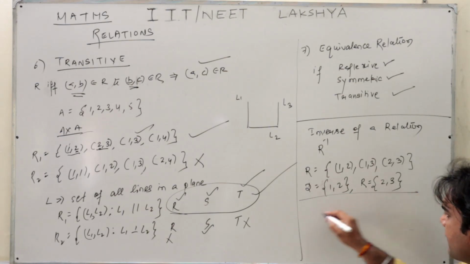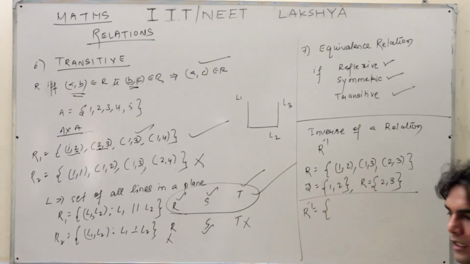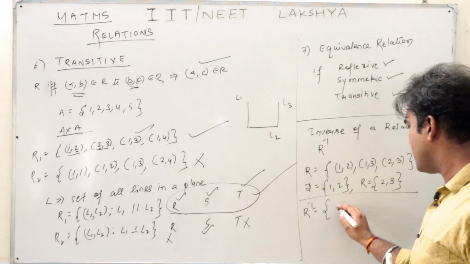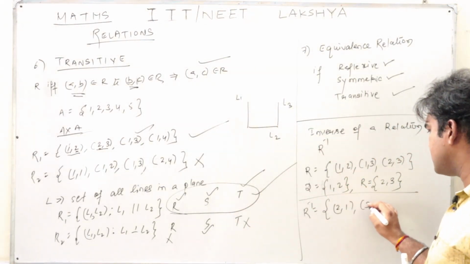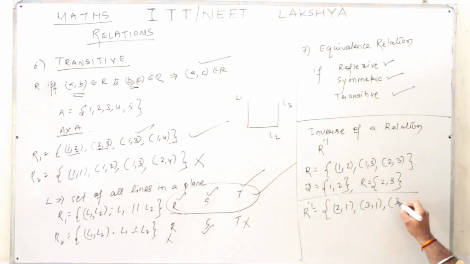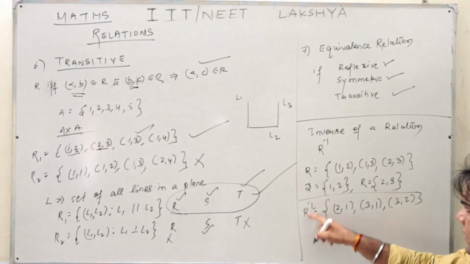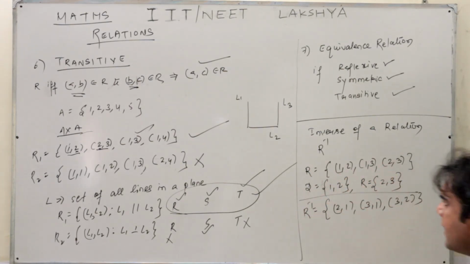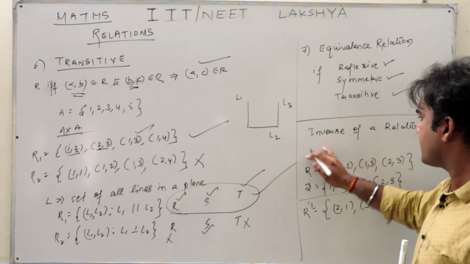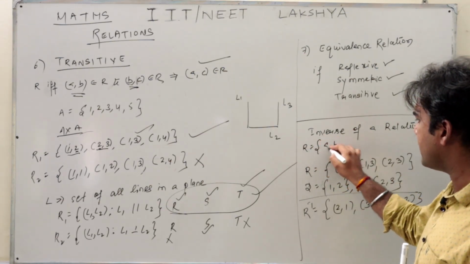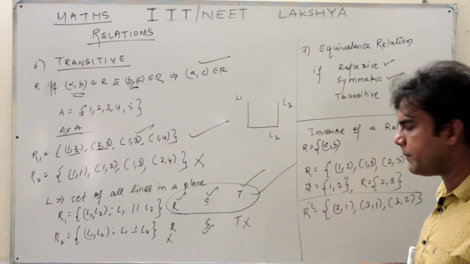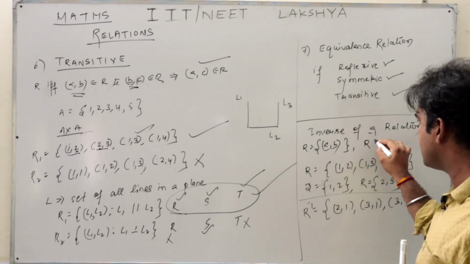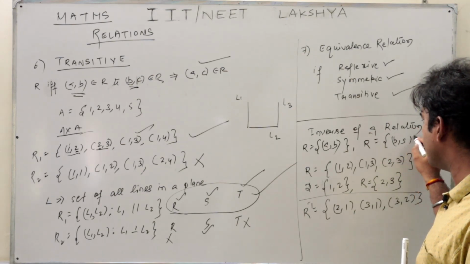So its inverse would be nothing but you interchange A and B. So that will be your 2 1, 3 1, 3 2. This is your R inverse. Means R inverse is nothing but if R is a collection of AB, then R inverse is a collection of your BA.